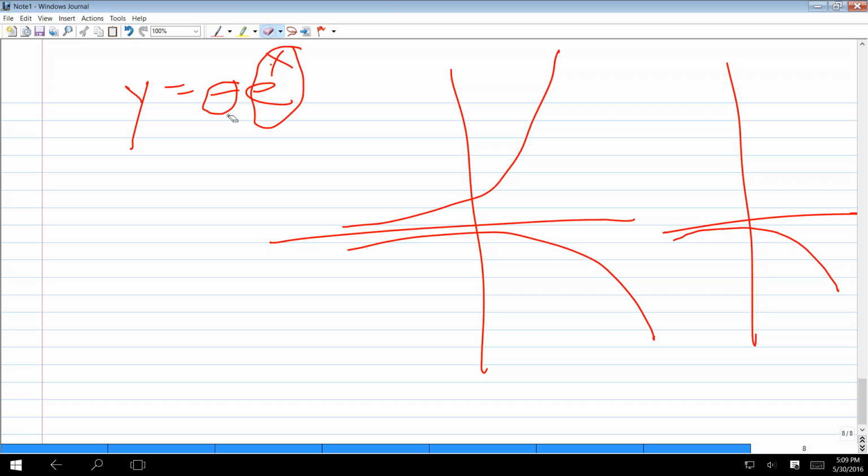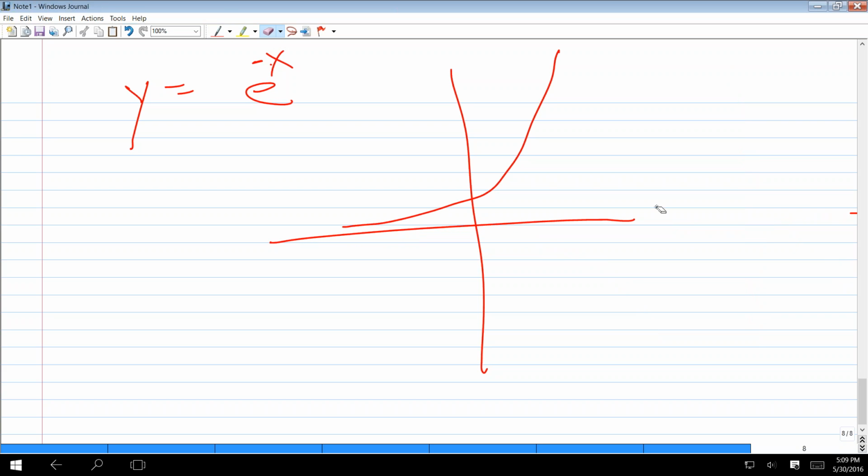But what if I told you e to the minus x? Well, that's a reflection over the y-axis. So it would look like that. Now, there are 6 total types of transformations.